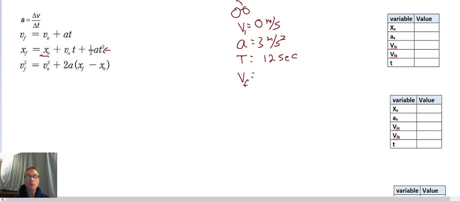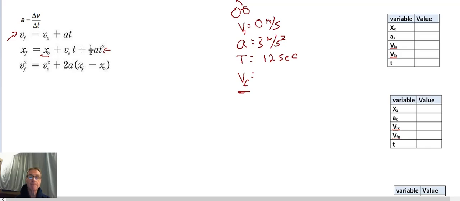Okay, so what is it we're looking for? Well, we're looking for the final velocity of our person. So if we glance over to the left-hand side of the screen, which equation will give us the final velocity? Well, the top one won't. The second one certainly will. It has v final in it. Okay, the third one will not. This gives us x final, and the fourth one has v final in it.